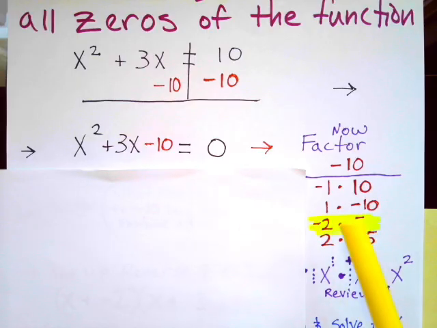So these are going to be the two numbers I'm going to include in my reverse FOIL. Down here, I just wanted to review with you, when you multiply x times x, there's an invisible 1 in front of that x. 1 times 1 is 1x. And if you have the same base, you add the exponents.